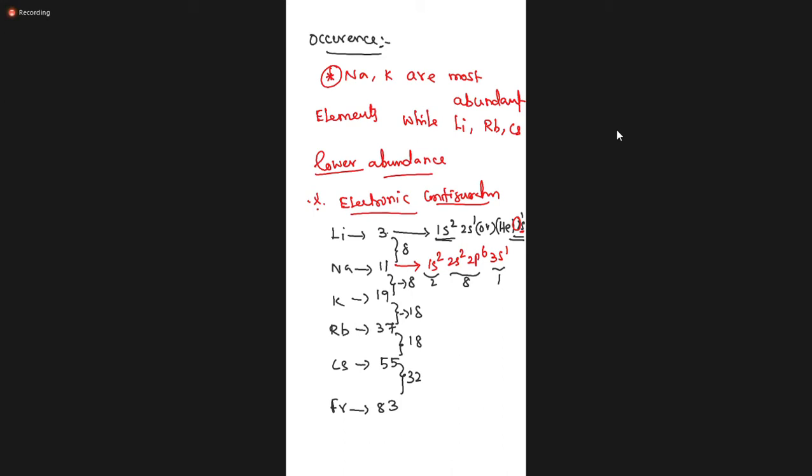Otherwise, you can write neon till here. This is the neon configuration. So neon 3s1 you can write. For potassium, you can write argon 4s1, till here.